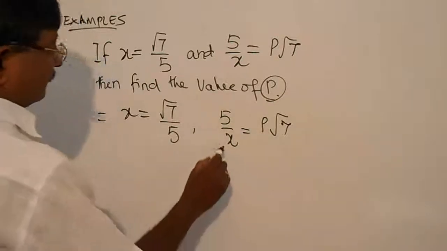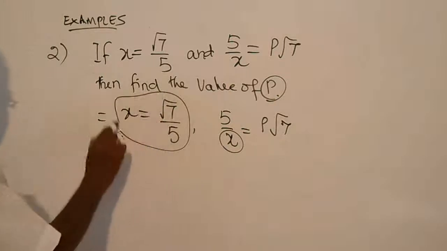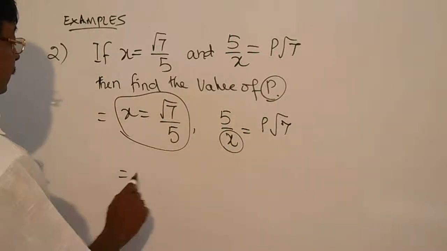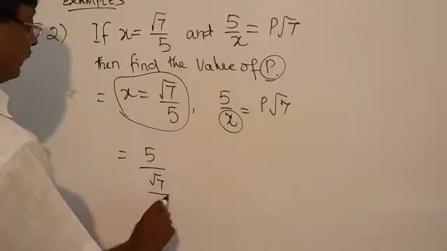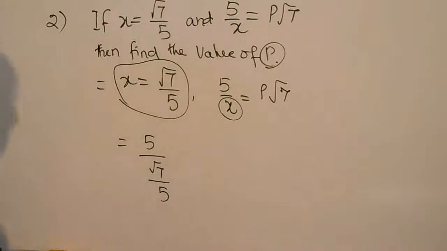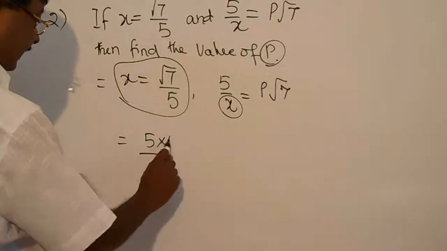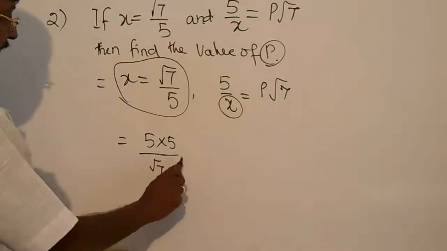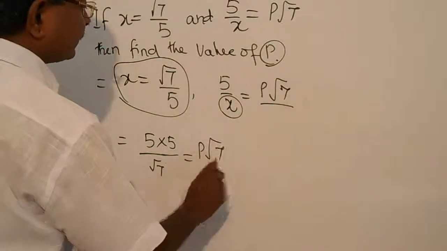I will substitute the value of x, which is root 7 by 5. So 5 divided by root 7 divided by 5 means it will reciprocate and become 5 by 5 over root 7, which is equal to p root 7.